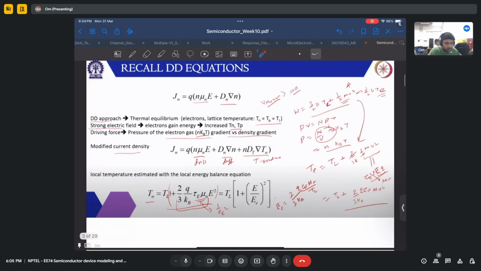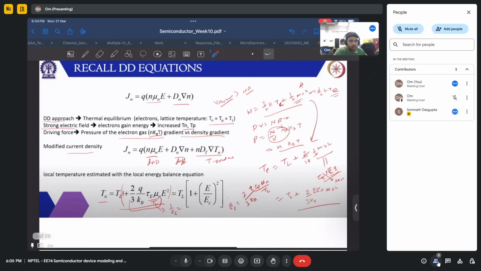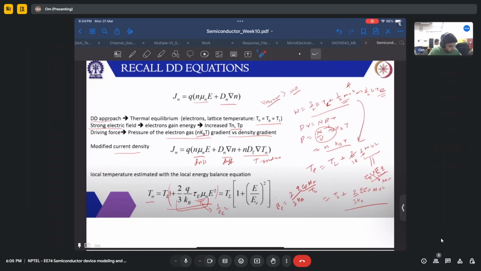So if you remember, this is the drift diffusion equation that we had seen earlier. This is the drift part, this is the diffusion part.